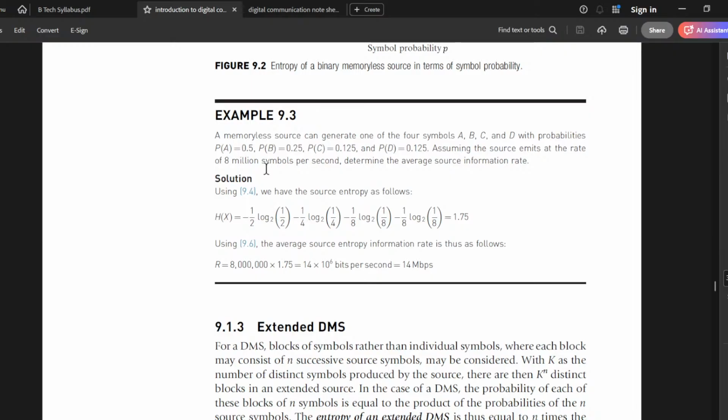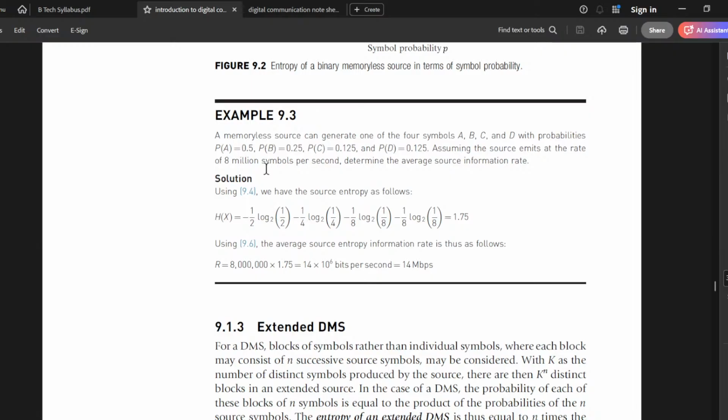Assuming the source emits at the rate of 8 million symbols per second. So one thing was bits per symbol, and the other thing was the answer was bits per second. So this should be symbols per second.